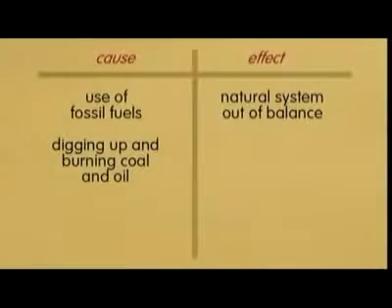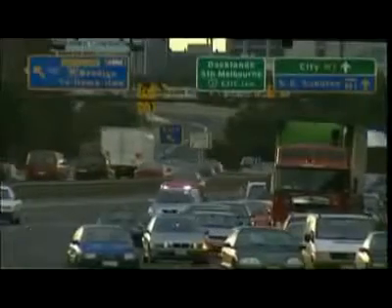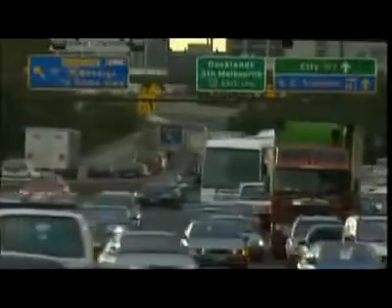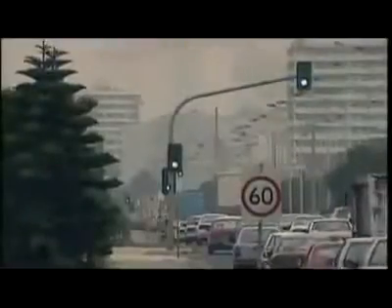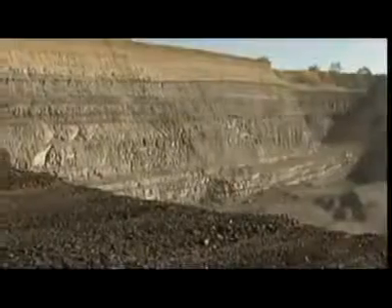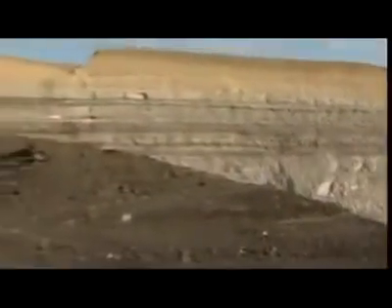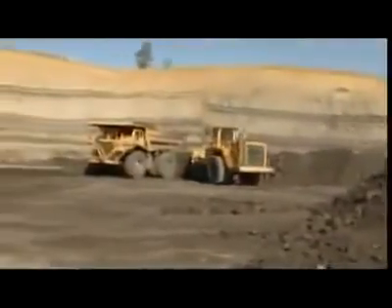See if you can hear another effect. The main problem is our use of fossil fuels. So what we've done is put the whole natural system out of balance by digging up coal and oil that took about 200 million years to accumulate, and we're releasing it all in about 100 years.